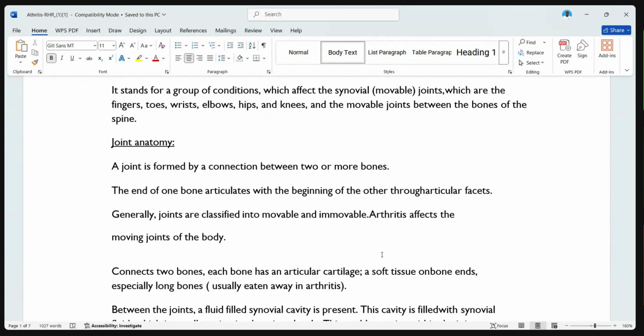At the joint, there is a point of articulation, or the point of meeting. Generally, joints are classified either as movable or immovable. For example, the joints at the skull are immovable; they cannot move.